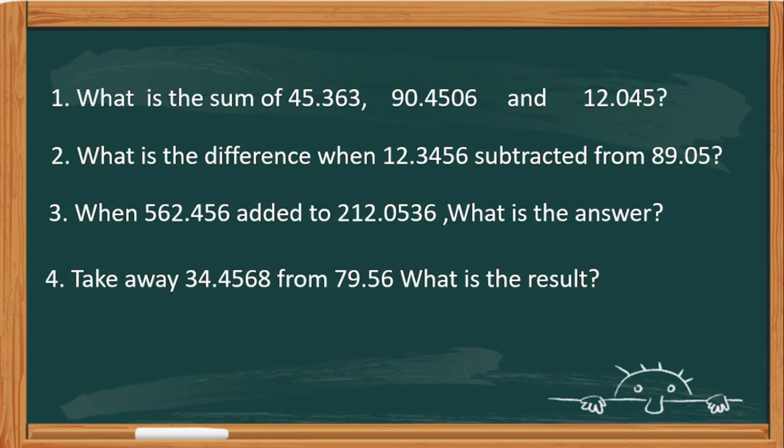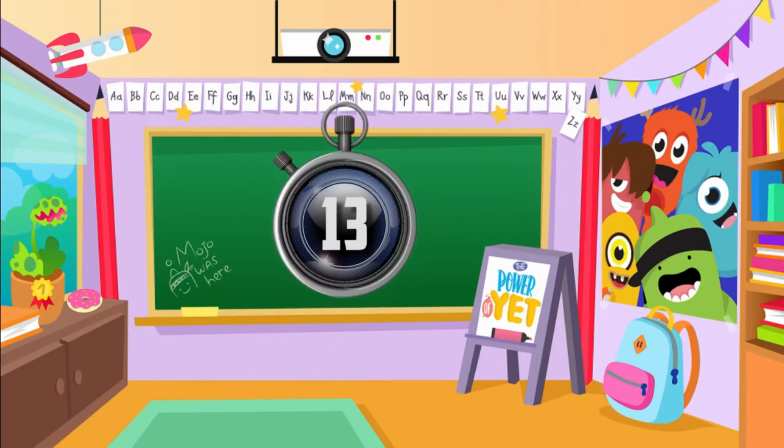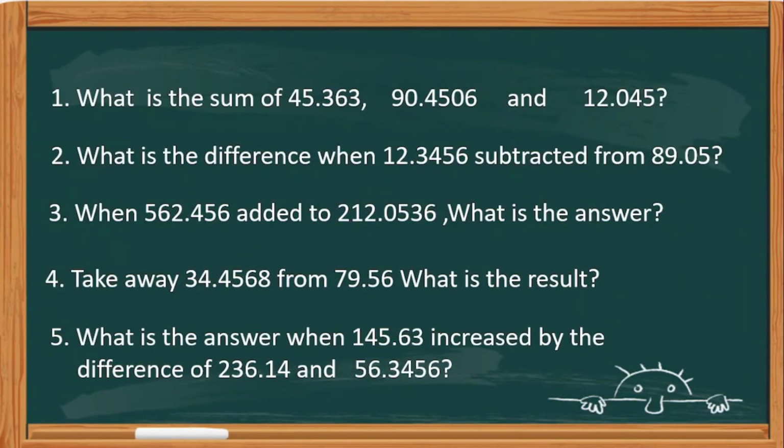What is the result? And number 5. What is the answer when 145.63 is increased by the difference of 236.14 and 56.3456?